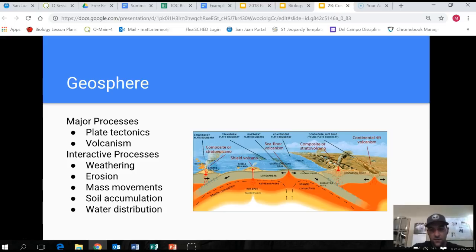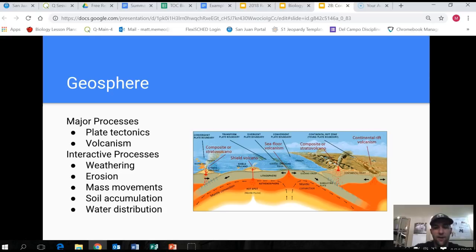Mass movements. So what that's referring to would be the mass movement of something like a glacier. Okay, that's going to affect what we see in the geosphere, especially when we talk about the lithosphere on the top layer of the Earth. Soil accumulation. So we've talked a little bit in the past about how soil gets made.